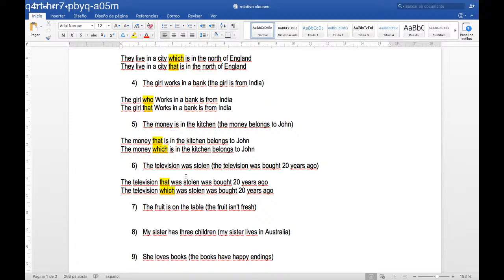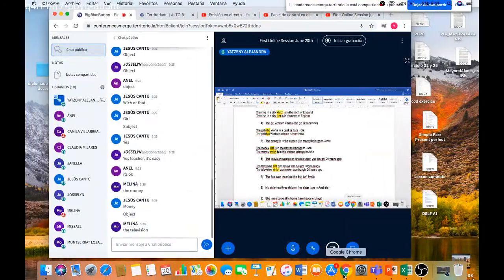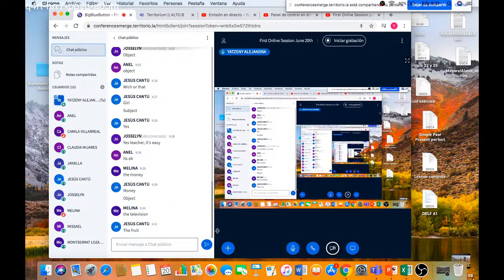Number 7. The fruit is on the table and the fruit isn't fresh. So which is the element that I am going to join, avoiding the repetition? The fruit. Perfect. And as we know, fruit is not a subject, it's an object.